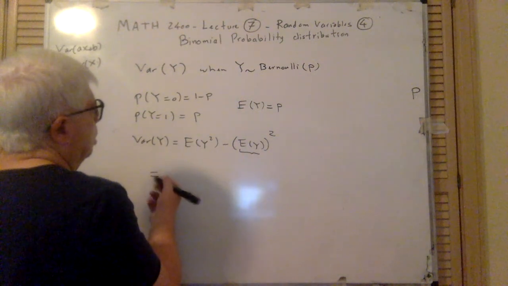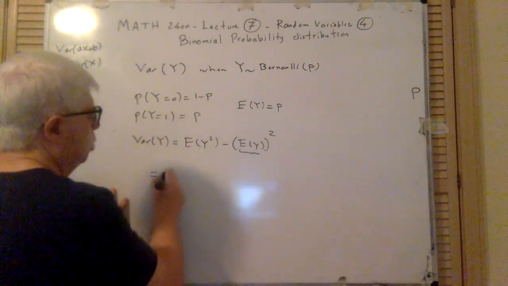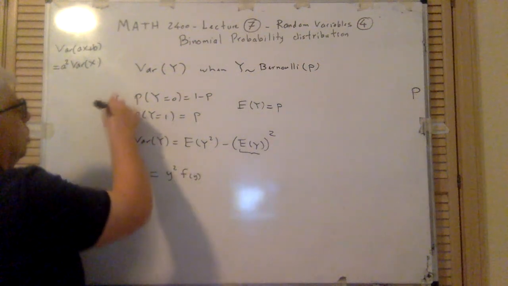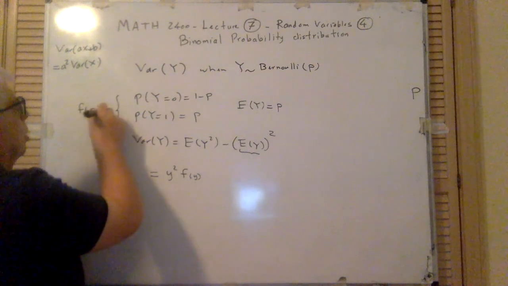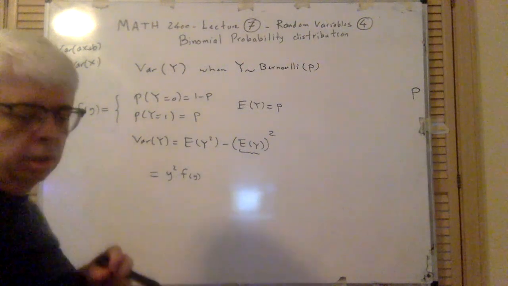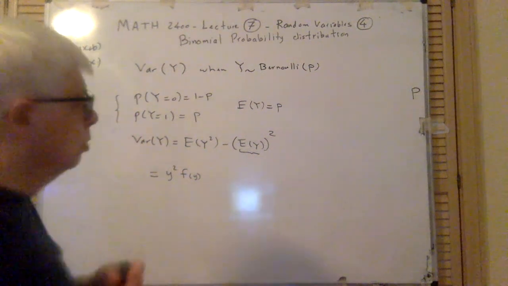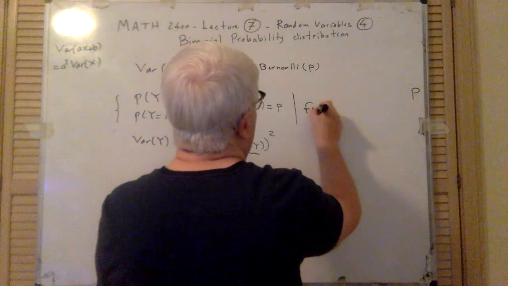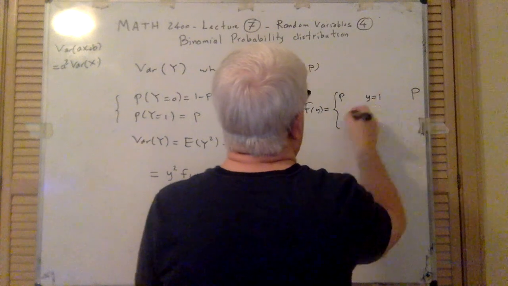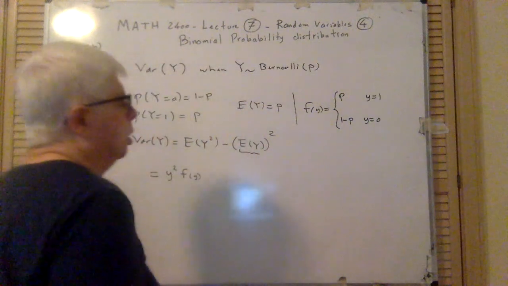By definition it is the sum of y squared times f of y, where f of y is this. Okay, so that's f of y.